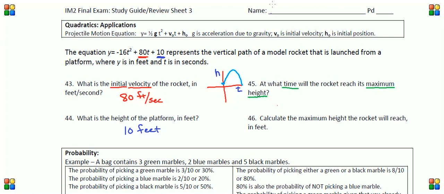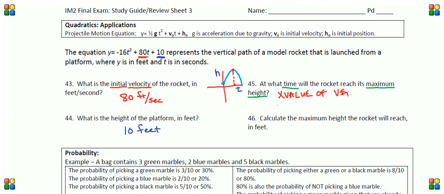So if we're looking for maximum height, we're actually talking about the vertex. Here is where the rocket reaches maximum height. And if you draw a dashed line straight down, you would see that this point right here is the time at which the rocket reaches maximum height. So for this particular question, we're being asked for the x value of the vertex.